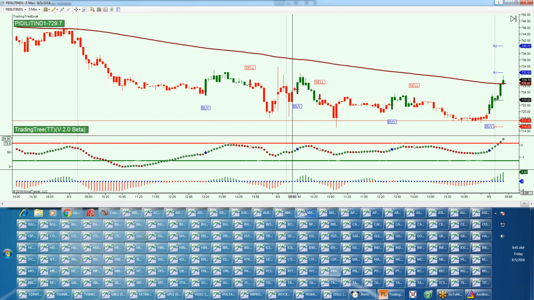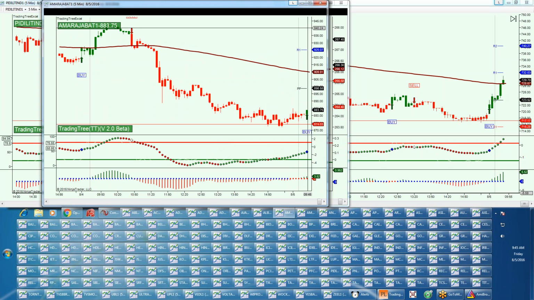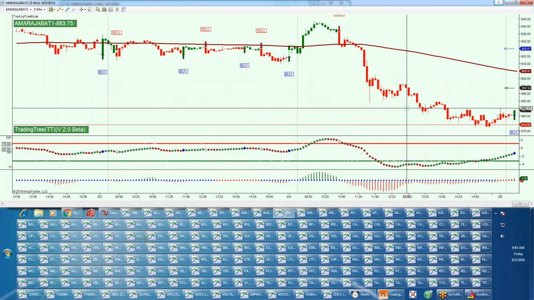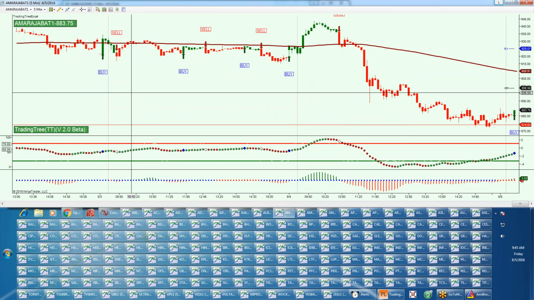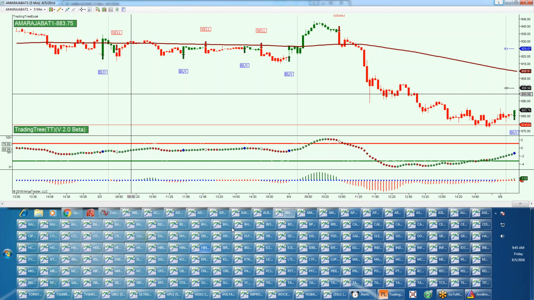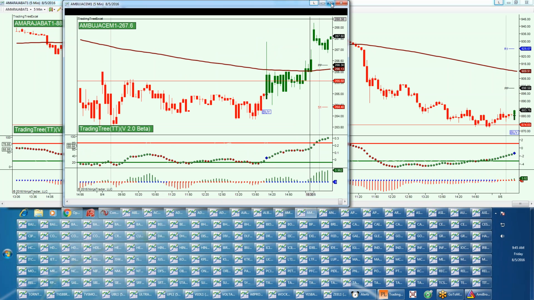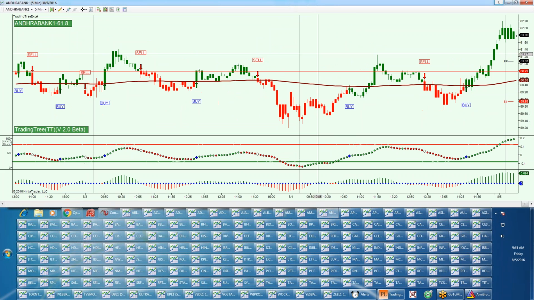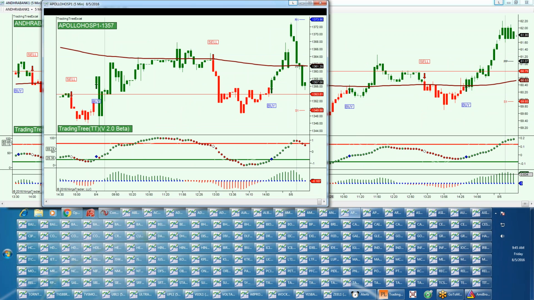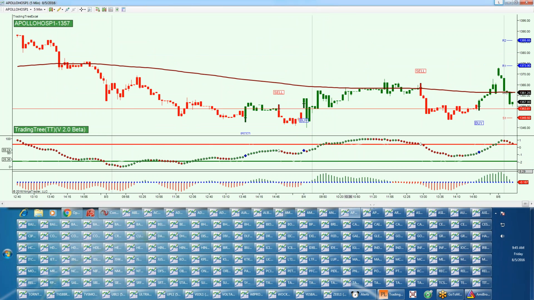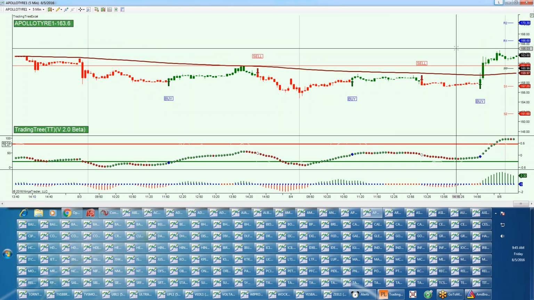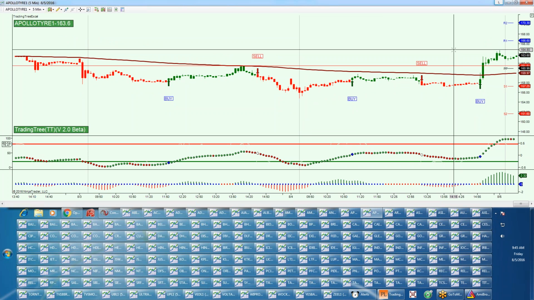So Amara Raja, we have a buy. So you can consider buying at 885. Apollo Tyre, you can buy it at 164.80.